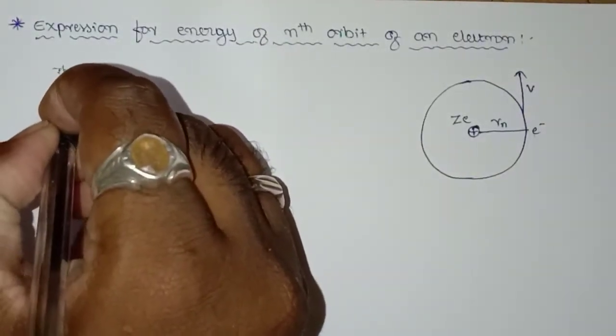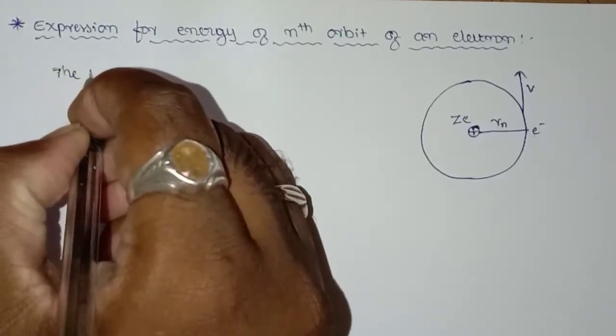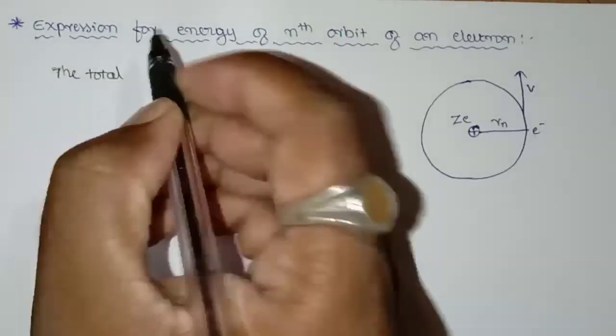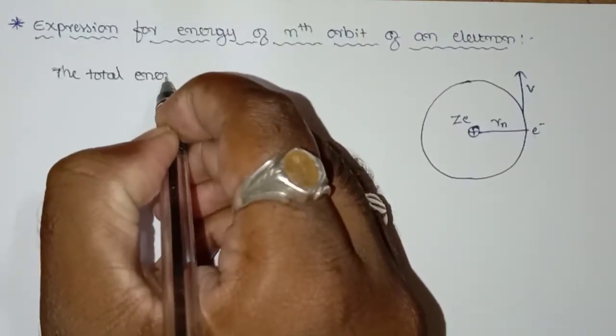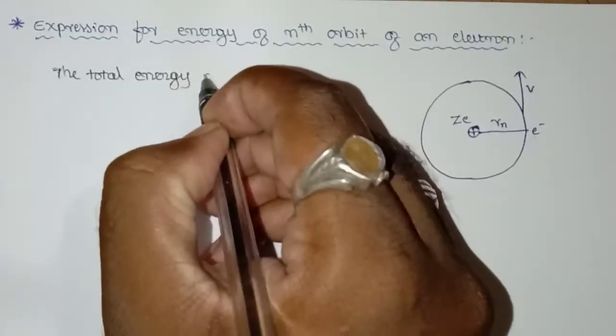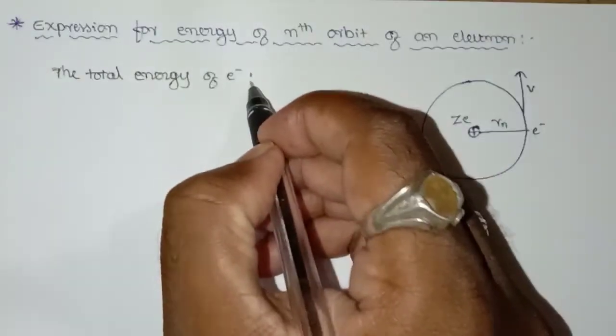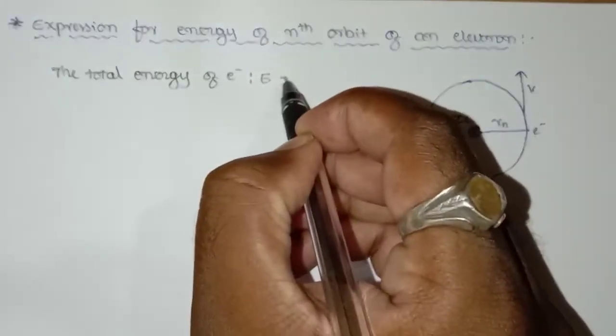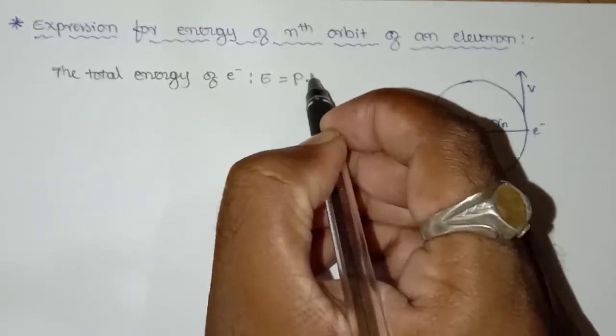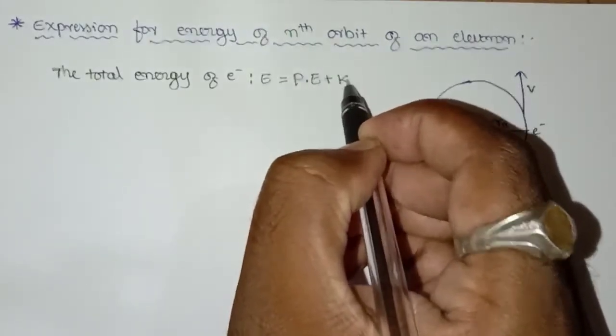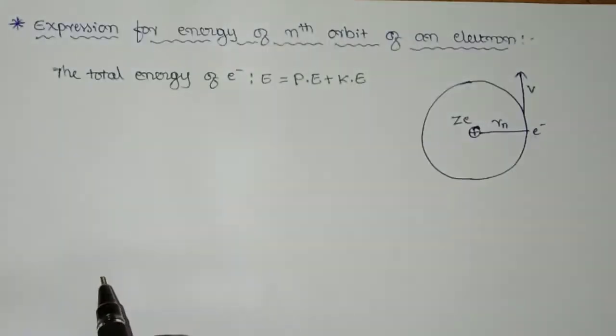The total energy of the electron, because it possesses both potential energy and kinetic energy, will be taken as E, and that will be equal to the arithmetic sum of potential energy and kinetic energy, okay?